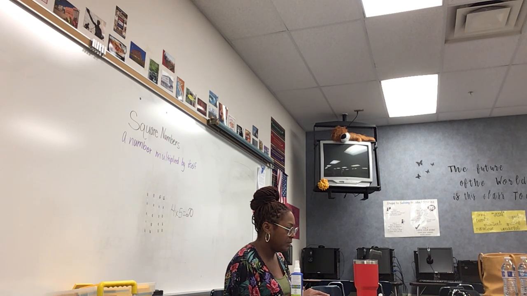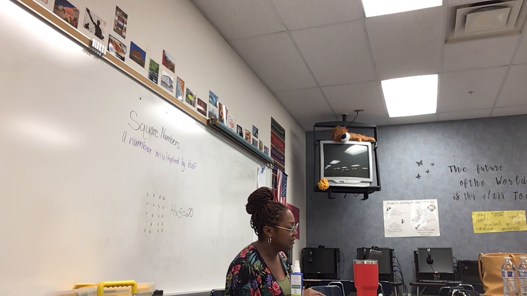You're going to solve the following problems and enter your answers in the text box below. So this is the home link that you guys are going to do today. Up here it has the factors. What times what gives you 4? And remember, it has to be a number that multiplies by itself. So what times what equals 4?